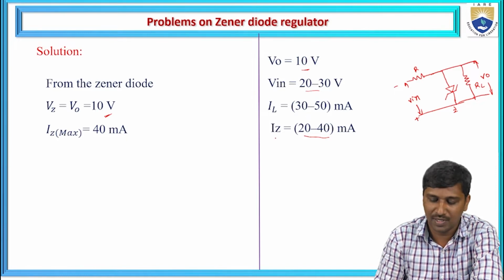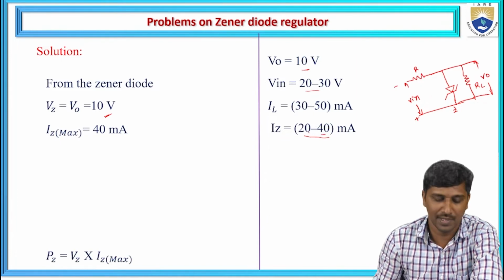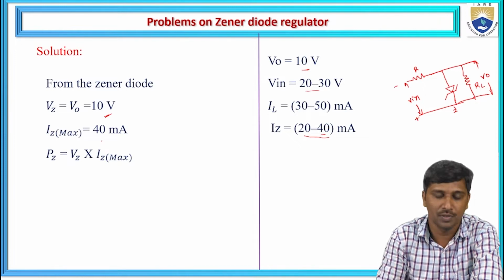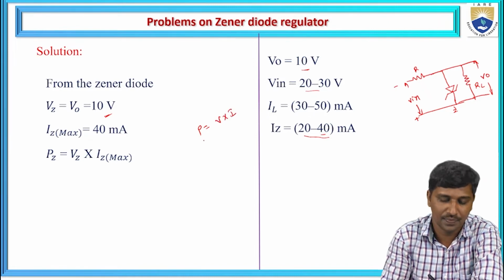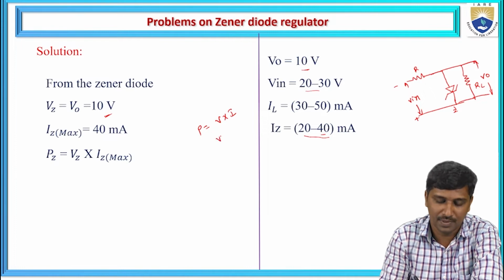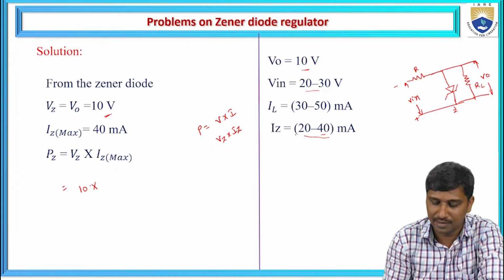Now, from the given specifications, we observe that the maximum Zener current is 40 milliamperes. So now we are going to calculate how much power is produced by the Zener diode. We know that the power P is the product of voltage and current. Here the voltage is Vz and the current is Iz, and Vz is 10 volts, multiplied with Iz maximum.